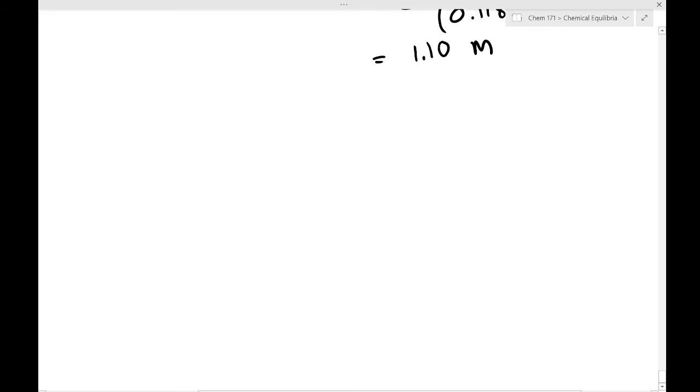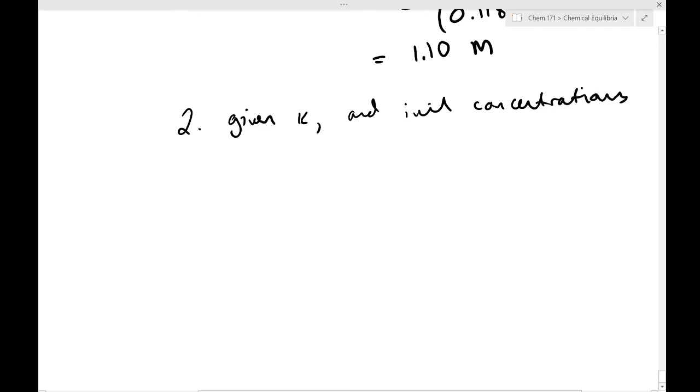In the second case, what if you're given the equilibrium constant and you're given initial concentrations? You're given the equilibrium constant and initial concentrations.